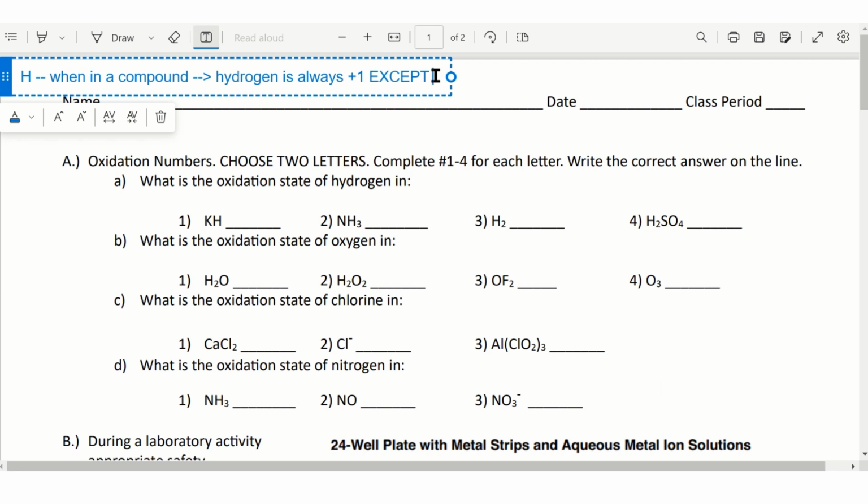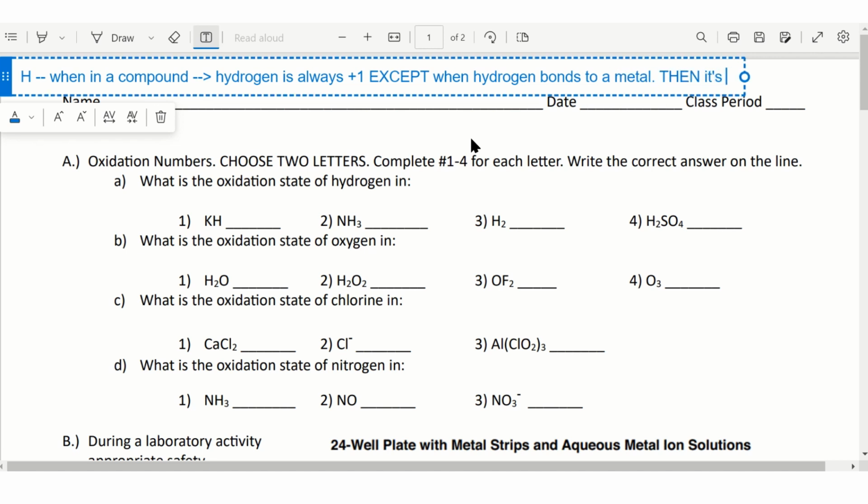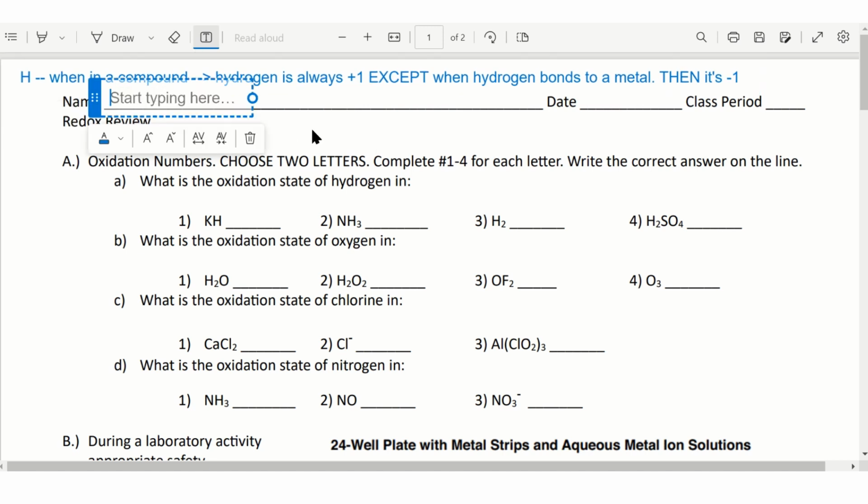So if I go back here, hydrogen, when it's in a compound, is always +1, except when hydrogen bonds to a metal. Then it's -1, okay?